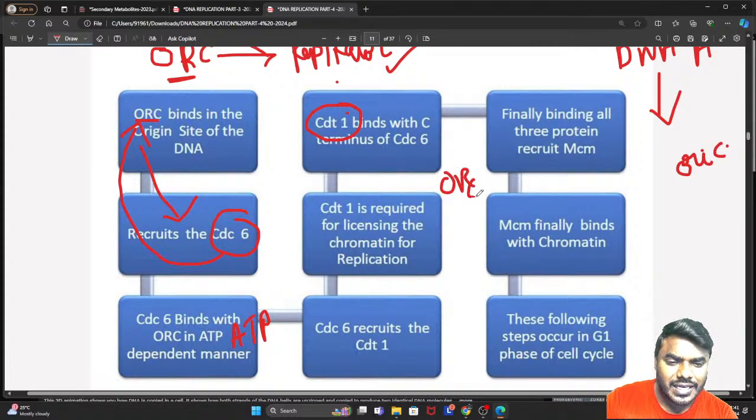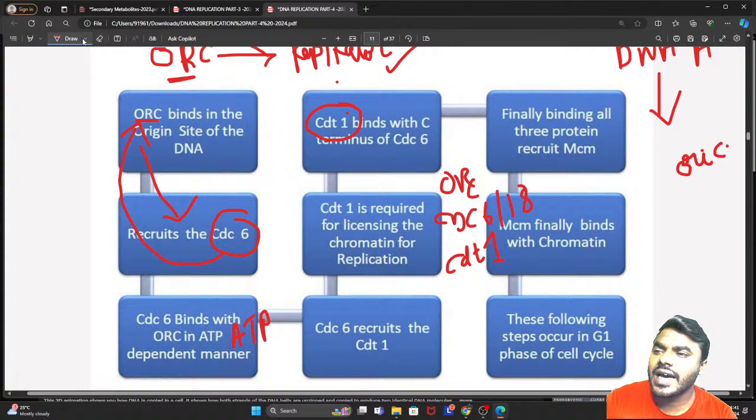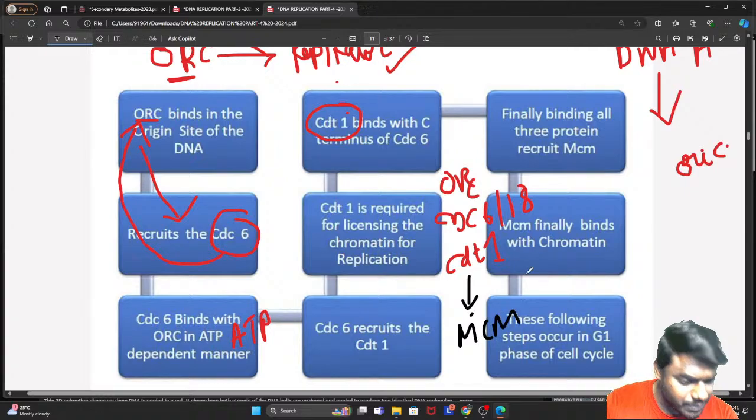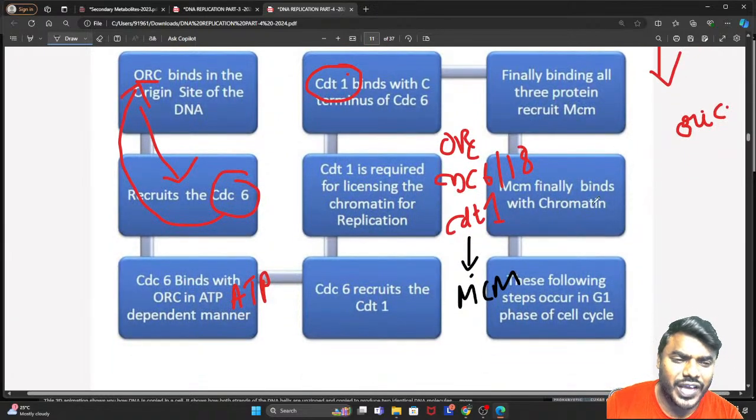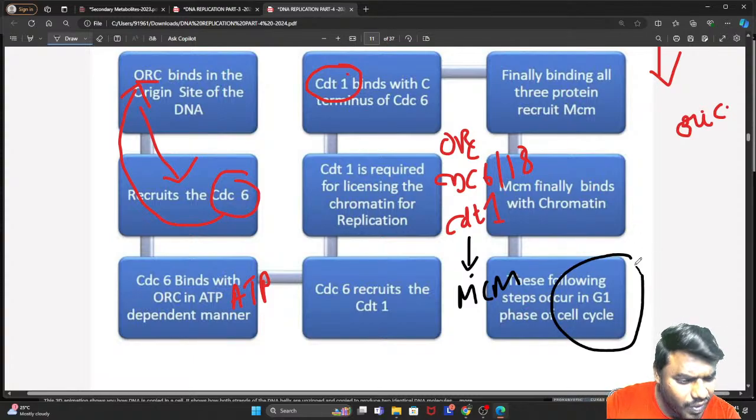ORC is there, CDC6. Sometimes instead of CDC6, Cdc18 will come. And CDT1. Then finally ORC, CDC6 or Cdc18, and CDT1 finally recruit MCM. What is MCM? MCM is nothing but helicase. And where are all these events happening? All the events are only happening in the G1 phase.